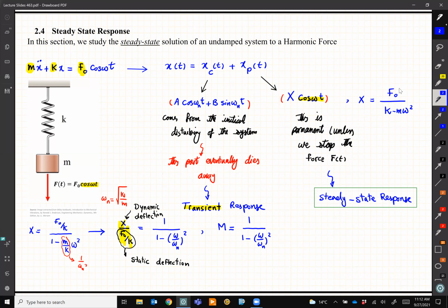Okay, and since we care only about the magnitude of this number, because it can be positive or negative, we put it inside a bracket to say that we care only about the absolute value of this M. And it has a name, which we are going to call from now on the magnification factor.